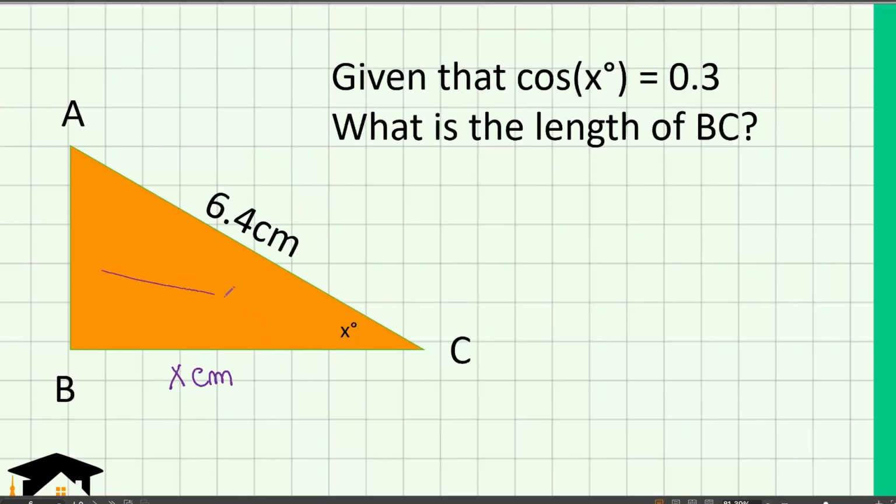So for this triangle, this is the opposite, and so x is going to be the adjacent side, and 6.4 is going to be the hypotenuse. So we don't care about the opposite, only we care about the hypotenuse and the adjacent. So we know that we will have to use the cosine.